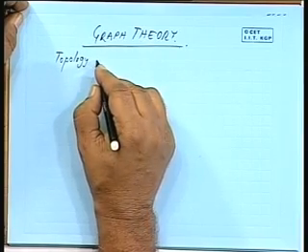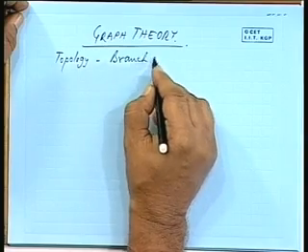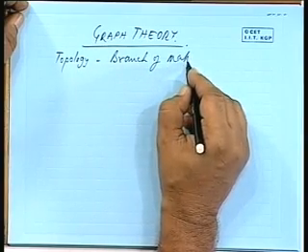Topology, it is a branch of mathematics. It is a branch of mathematics concerned with selected properties of collections of related physical and abstract elements. All right. In network topology, we include the particular configuration of nodes and branches, without regard to what elements exist in those branches.